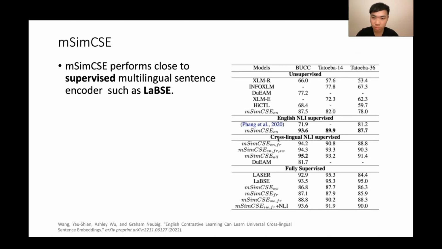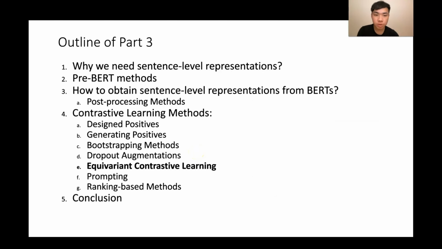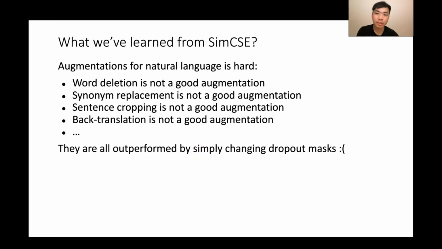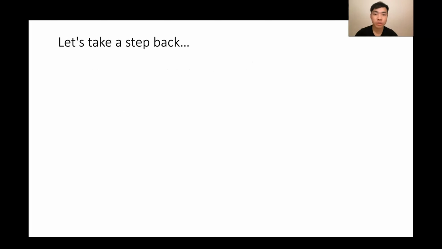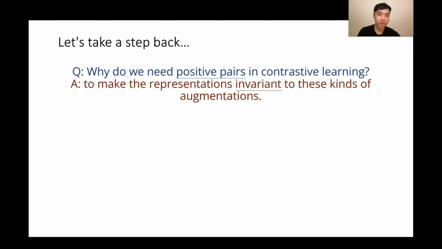So after SimCSE was published, we learned that the augmentation for natural language is very hard because word deletion, synonym replacement, sentence cropping, and back translation are all outperformed by a simple dropout-based augmentation. So another question is, how can we utilize these augmentations even if their quality is not so good? So here let's take a step back to think about why we need these augmentations.